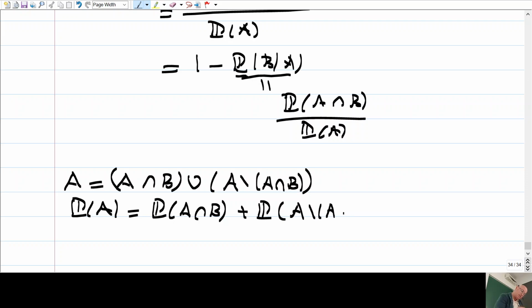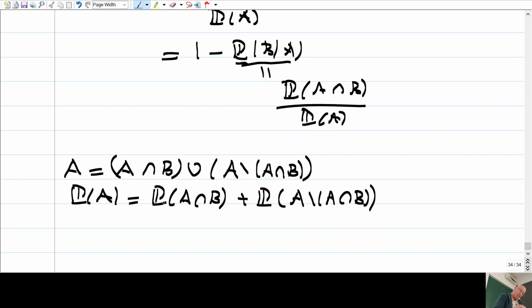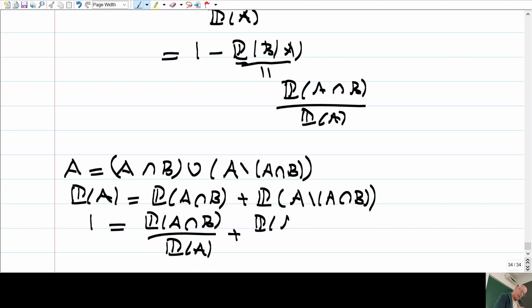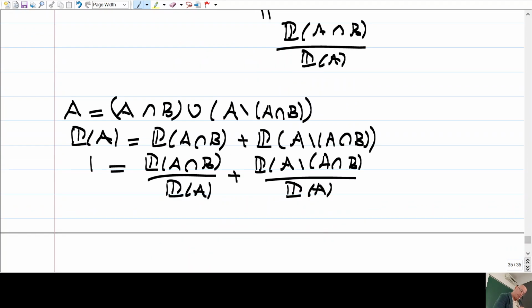Yes, like this. Then what do we get? If we divide by P(A), we get 1 equals P(A intersection B) over P(A) plus this term. And therefore this thing is equal to 1 minus this gadget. And what is this?